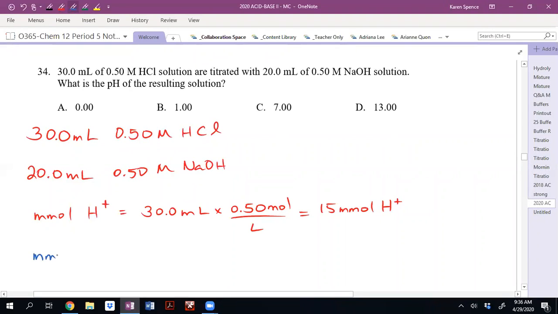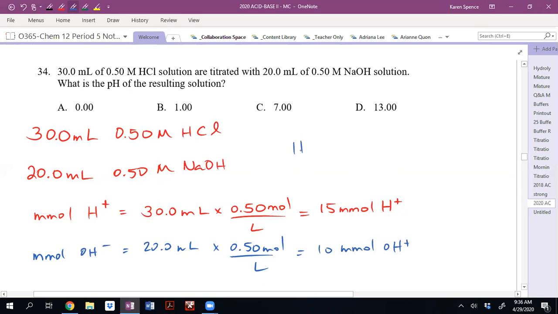Let's find our millimoles of OH minus. So we have 20 milliliters times 0.50 moles per liter, and that gives us 10 millimoles of OH minus.